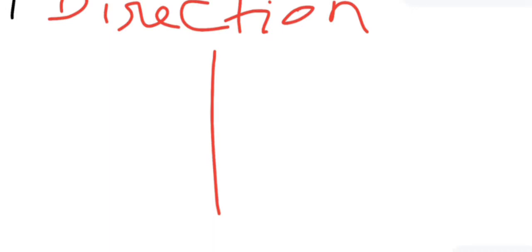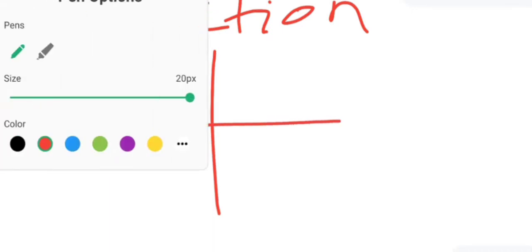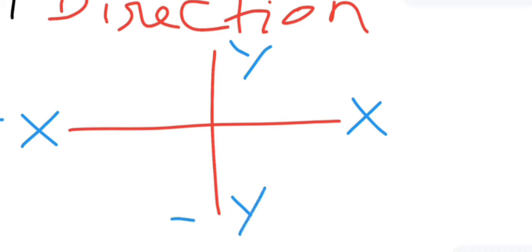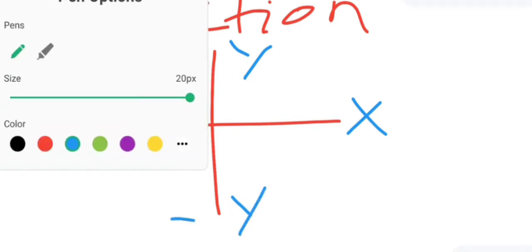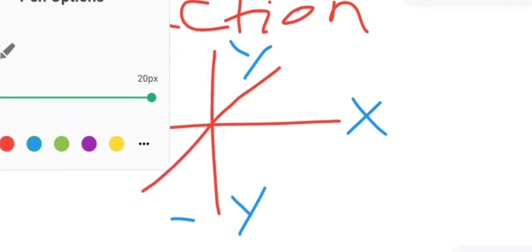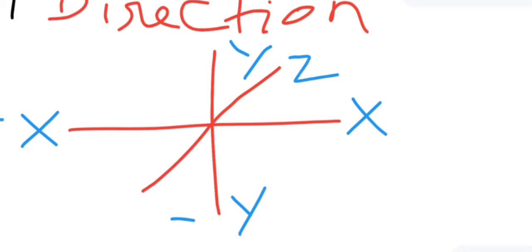If we draw this, let's say this is the x-axis, and this is the negative x-axis. And the y-axis and negative y-axis, and we can also draw another axis, which is the z-axis, and this is the negative z-axis.